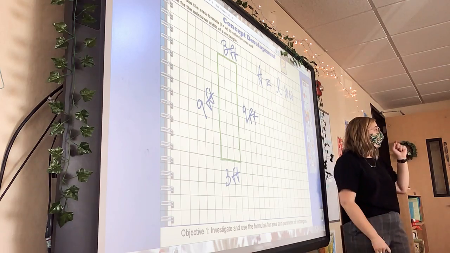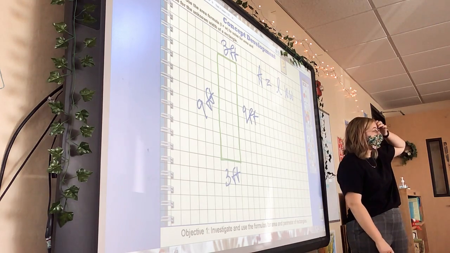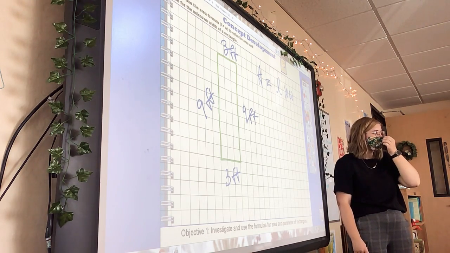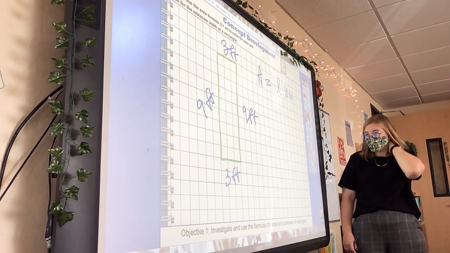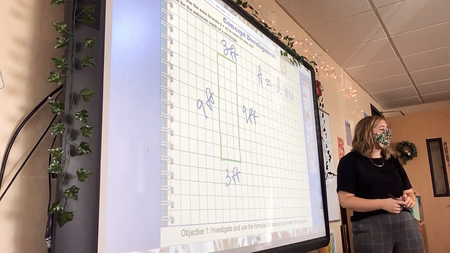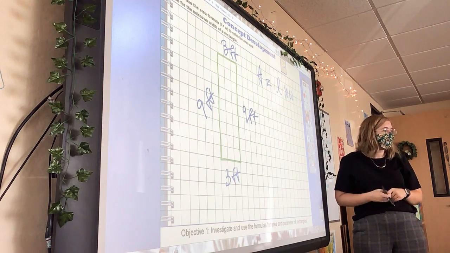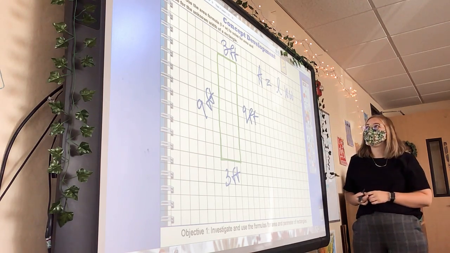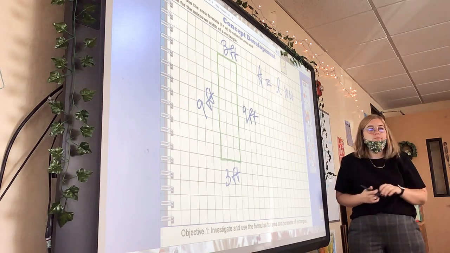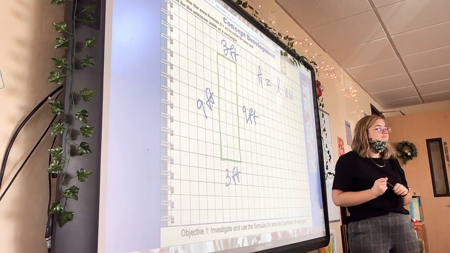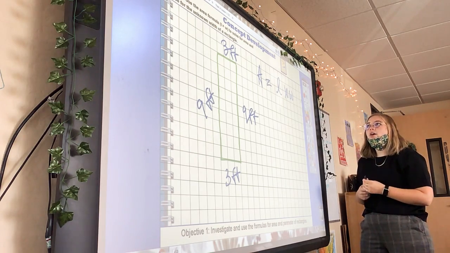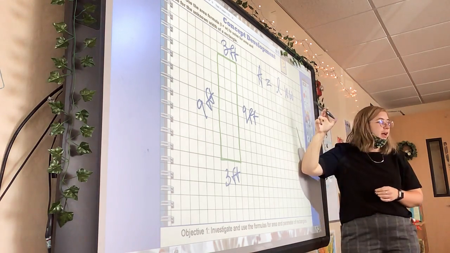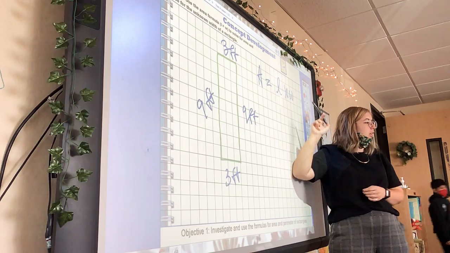I'll show you in a second. Jenny, can you wait till Andres gets back? Just write A equals L times W. So Kendall asked a great question. Length, my friends, remember I said is typically the long one.